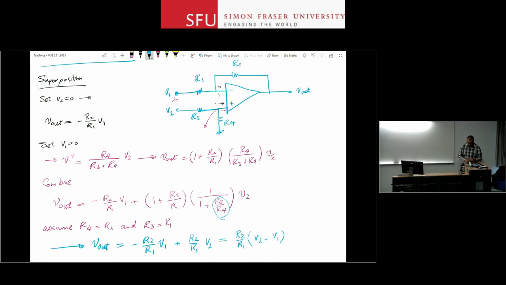Now, the difference amplifier I'm showing you here is great with one shortcoming. That is practical. In theory, there's really nothing wrong here. But in practice, you usually have some output resistance for V1 and V2. They come from a signal source. And those two output resistances may or may not be equal.